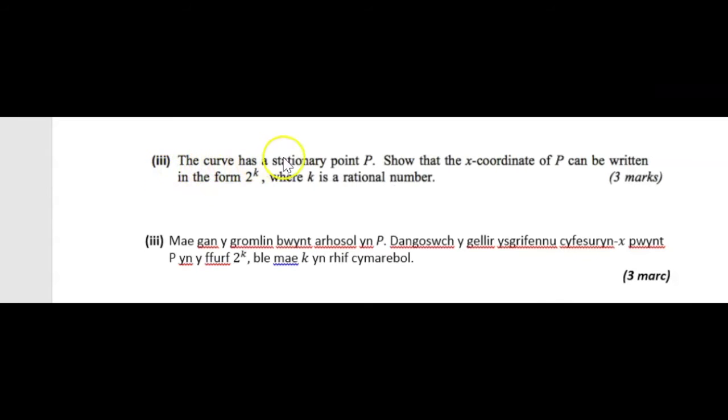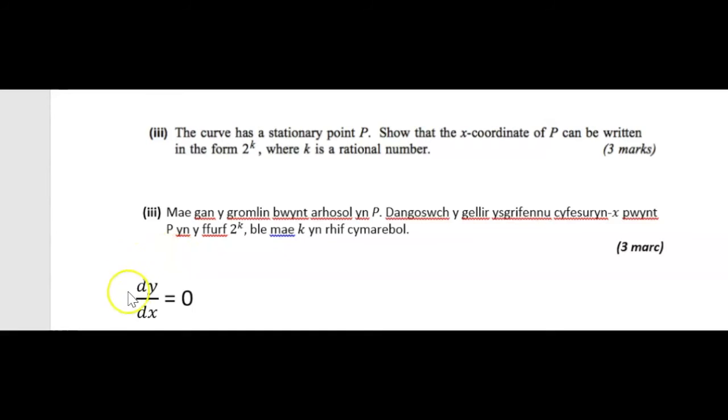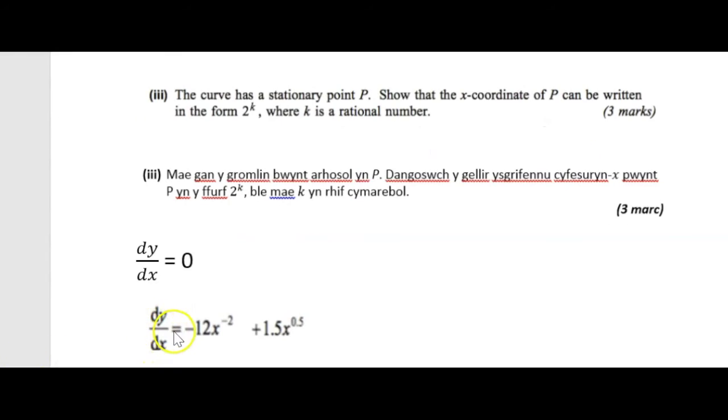Part 3. The curve has a stationary point P. Show that the x coordinate of P can be written in the form 2 to the k, where k is a rational number, can be written as a fraction. For a stationary point, we know dy dx is equal to 0. We know dy dx is minus 12 x to the minus 2 plus 1.5 x to the power 0.5.